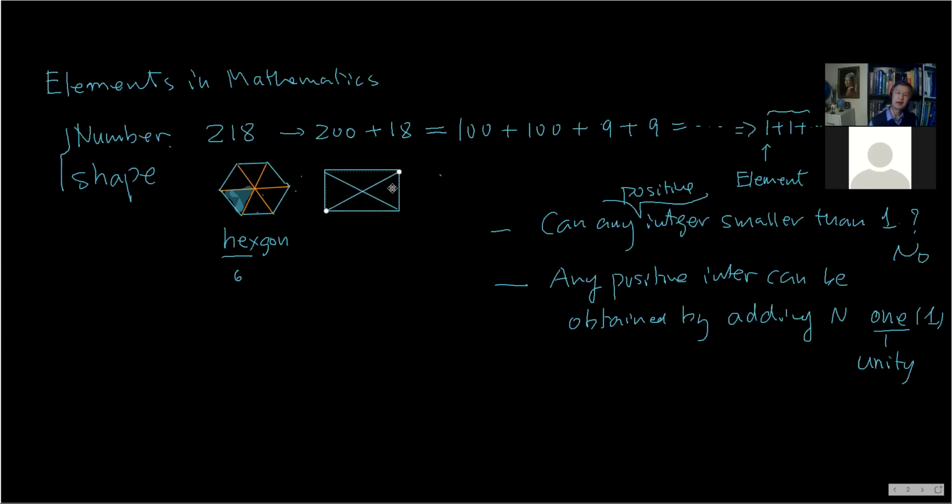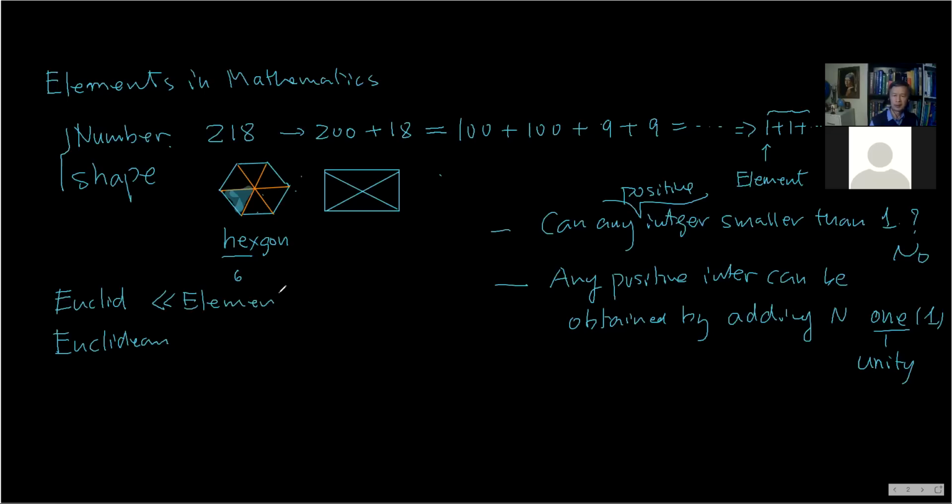Actually, the idea of elements was first put forward by Euclid. Do you know Euclid? Yeah. We talked about him before. Euclides. His theory is called Euclidean, and his famous book is called Elements.